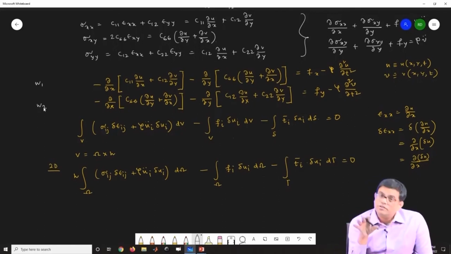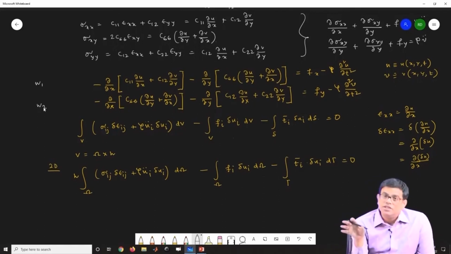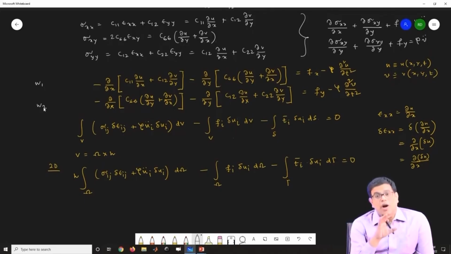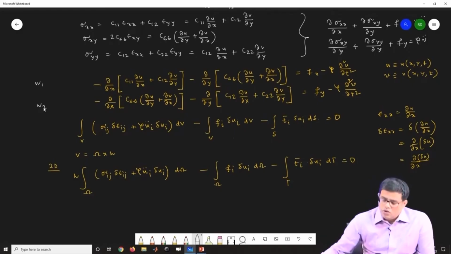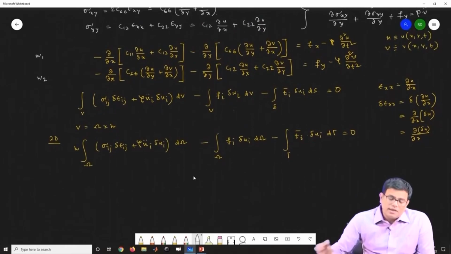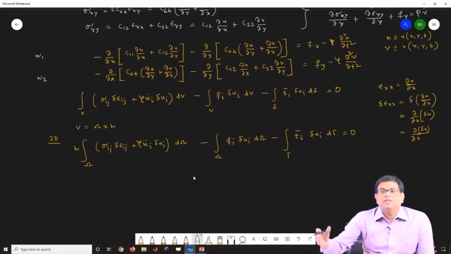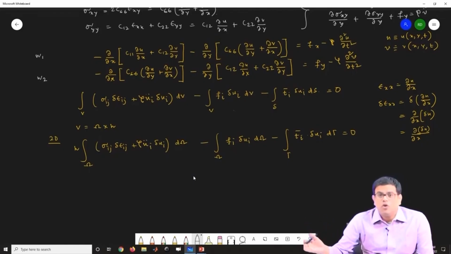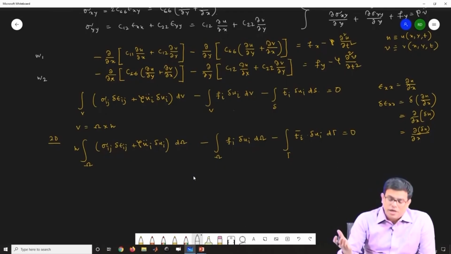We also know that weight functions have to satisfy some conditions. Whatever you have studied in the one-dimensional case is totally applicable here. So the integral statement is that you multiply the equation with W1, make the weighted integral statement equal to 0, and then do the integration by parts.